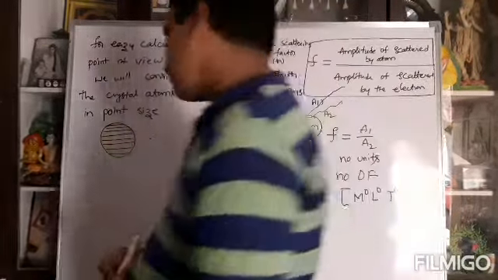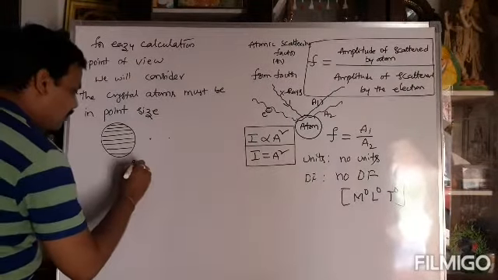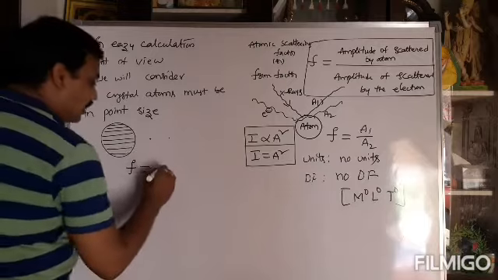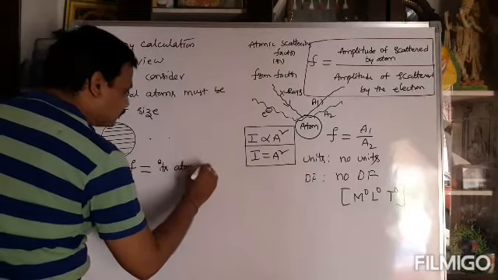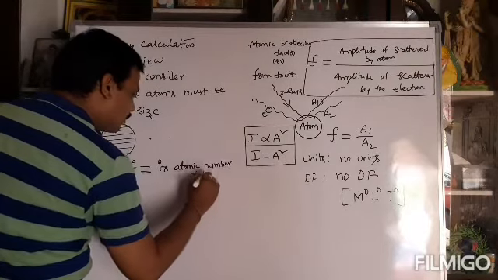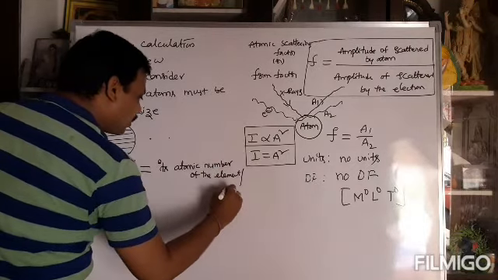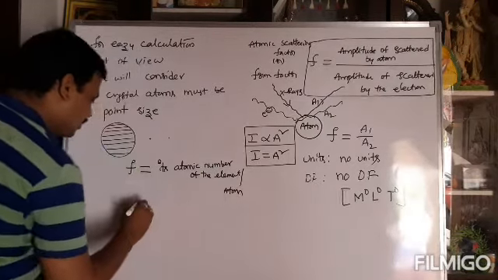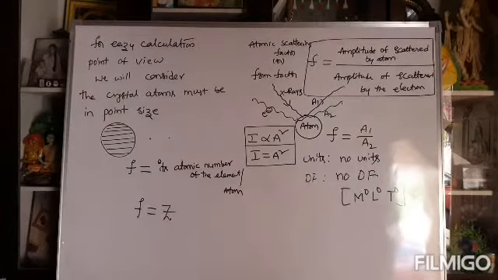From that very tiny size point of view, the form factor value is always equal to its atomic number, the atomic number of the element or atom. So the f value must be equal to the atomic number, represented by Z. So small f value is always equal to Z.